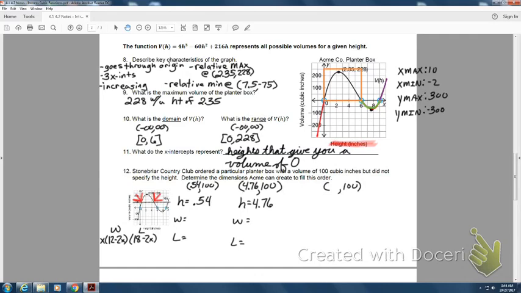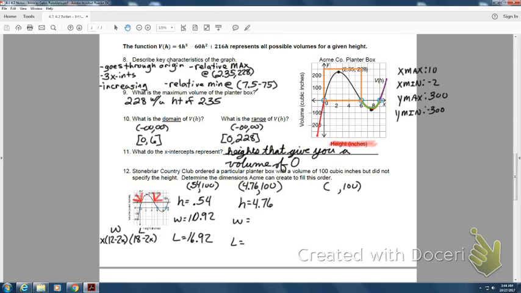Okay, so on the planar box that had a height of 0.54, you should have gotten that the width was 10.92, and Lizelle, we were just saying that the length was what on that? 16.92. Okay, and then Jillian, whenever I put 4.76 in to find the width, what would that give me?